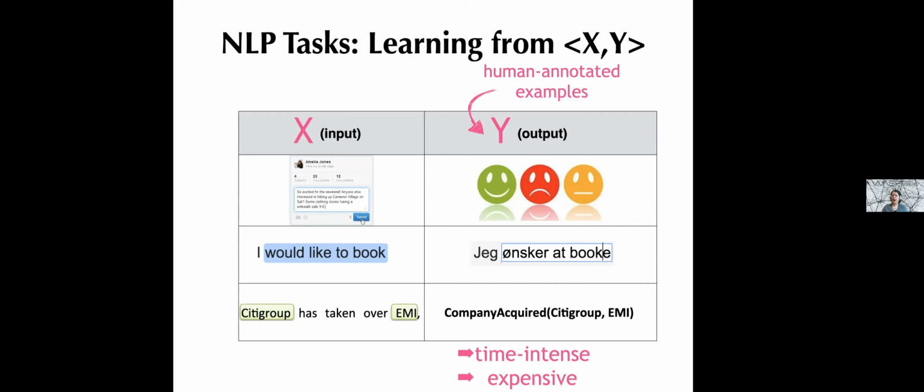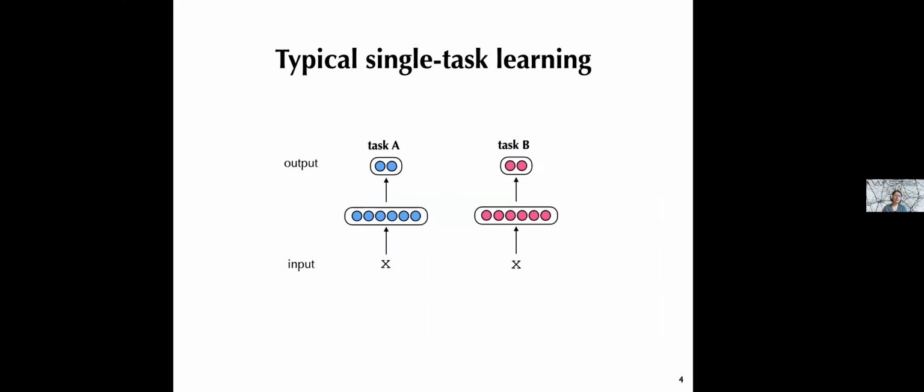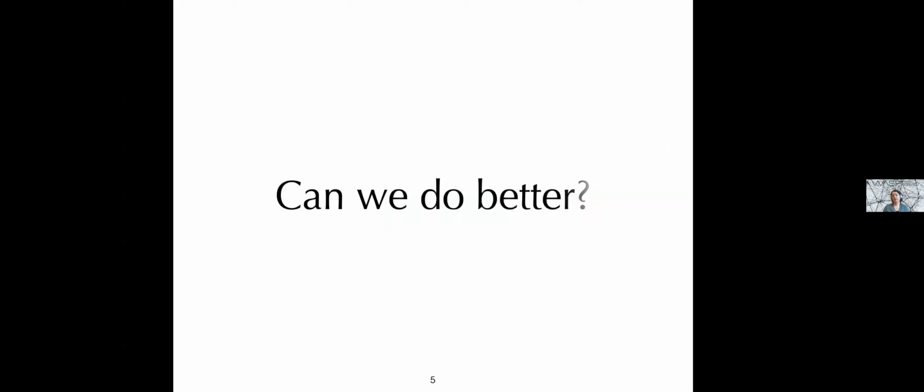So the question is, how can we do better than moving from one task to the next, and leverage synergies between information and tasks in order to improve our models? In fact, typically we relied a lot on single task learning, and the question is, can we do better than that? And this is what my talk today will focus on.